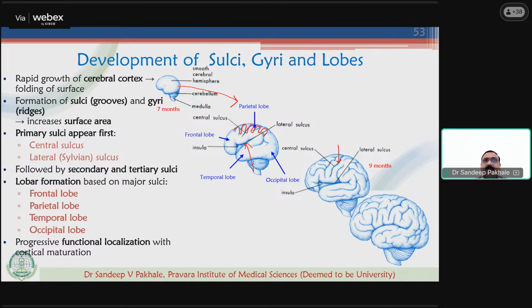These major sulci help to define the lobes of the brain: you can see here the frontal lobe, parietal lobe, occipital lobe, and temporal lobe. With its structural development, there is also progressive functional specialization of different cortical regions.